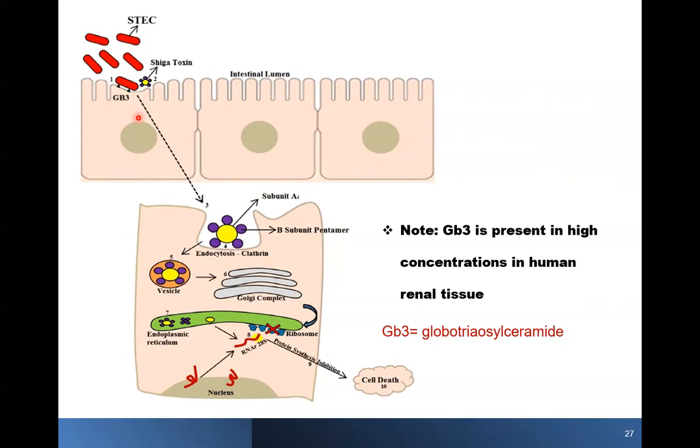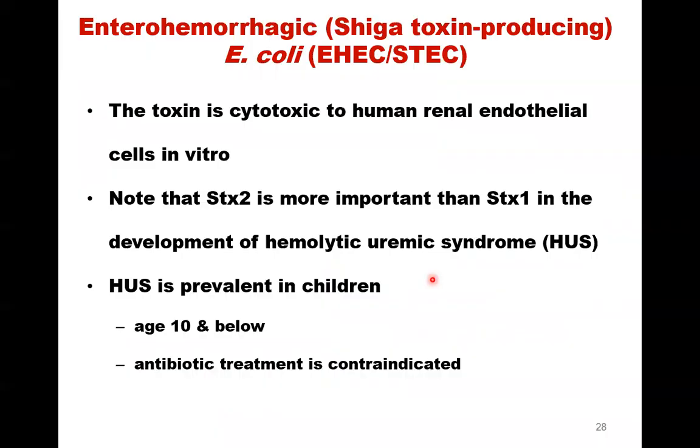It's cytotoxic in this case, and that's why the patient ends up with acute renal failure. Now, hemolytic uremic syndrome is prevalent in children age 10 and below. And in this group of children, if you suspect that the patient has enterohemorrhagic E. coli infection, do not rush to treat with antibiotics because studies show that it tends to worsen the clinical outcome in these patients. So don't rush to treat.